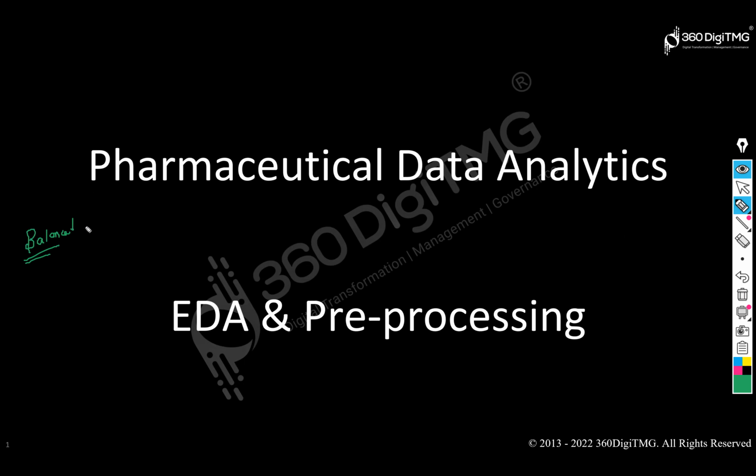Now, when we have two classes, when the output variable is two classes, if any one of the classes is having less than 30%, then it is imbalanced data.